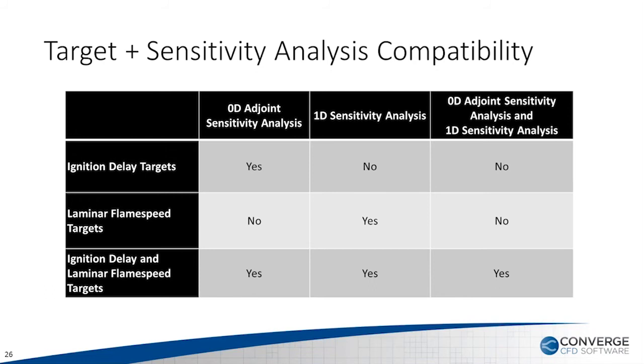So this table shows that if you are running 0D sensitivity analysis, the targets have to be specified on 0D. Similarly, if you only do 1D sensitivity analysis, then the target has to be on 1D. However, if your targets are on both 0D and 1D, then you have the possibility to do any combination of the sensitivity analysis.